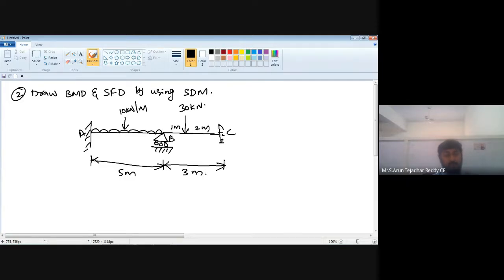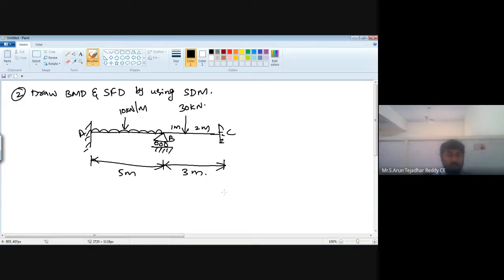It is a two span continuous beam, span AB as well as span BC. Span AB carries a uniformly distributed load of 10 kilonewton per meter. Span BC carries an eccentric point load because the distances are different: 1 meter as well as 2 meter, and the load is 30 kilonewton. The span of AB is 5 meter and the span of BC is 3 meter.